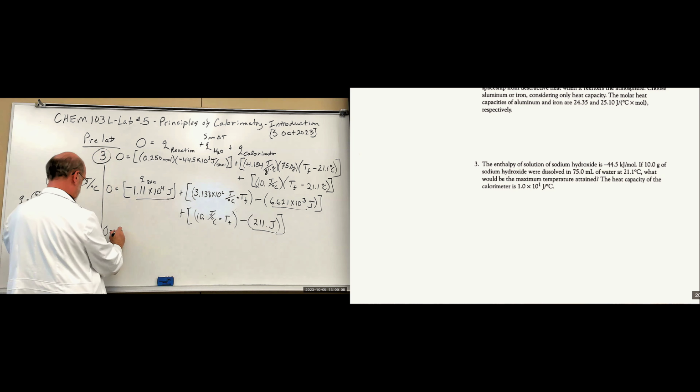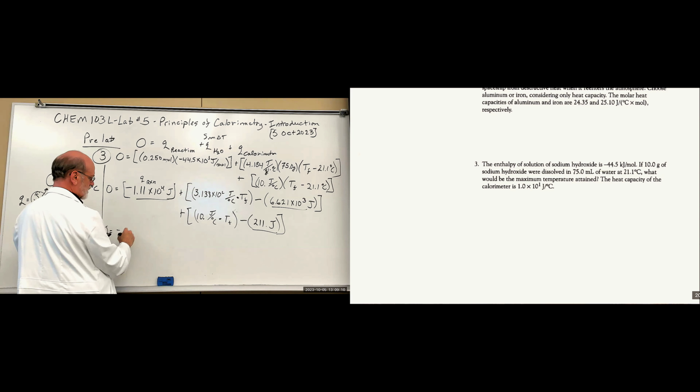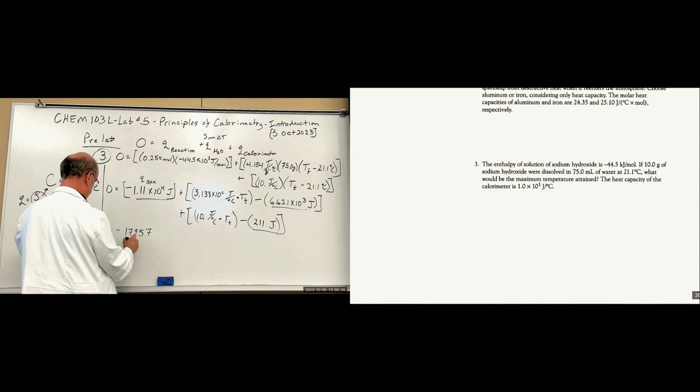And we have this one, another minus 211. So these together give us minus, and I'm going to write these in standard notation this time, 1795.7. And this is joules.